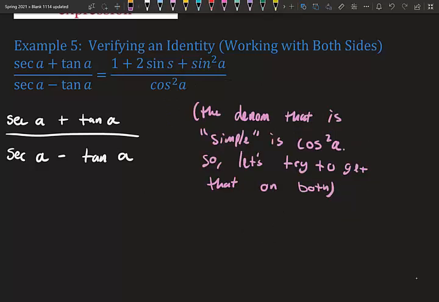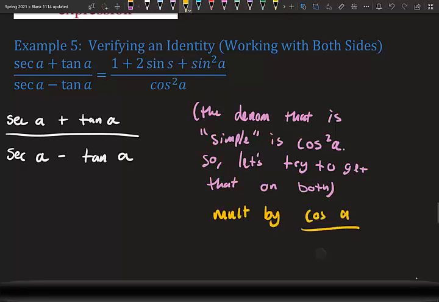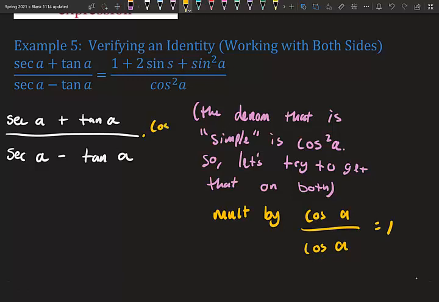We're going to multiply by the form of cosine over cosine. So we multiply by cosine A over cosine A, which remember is just 1. Remember that we don't actually multiply, we just put it together.